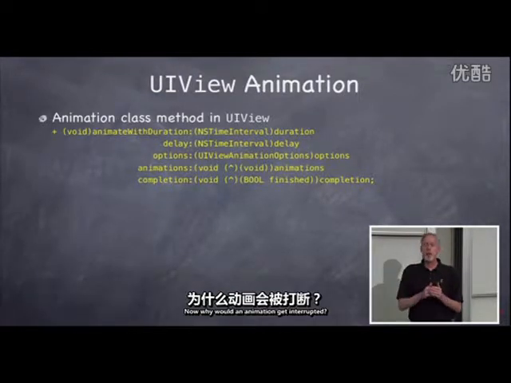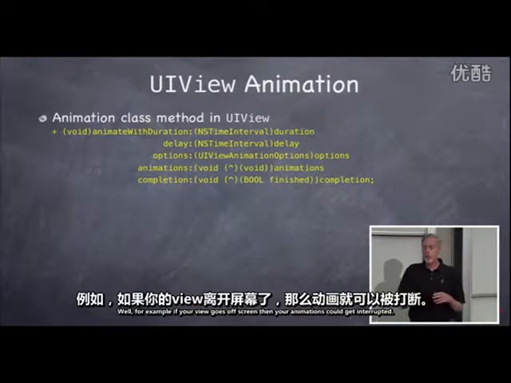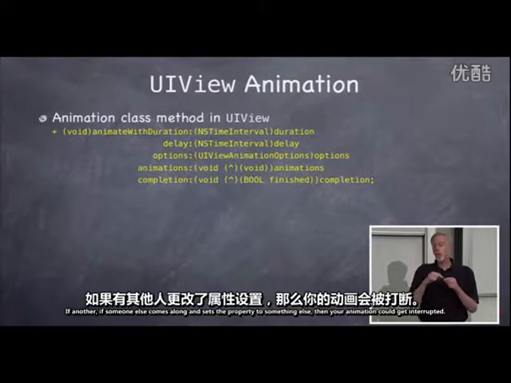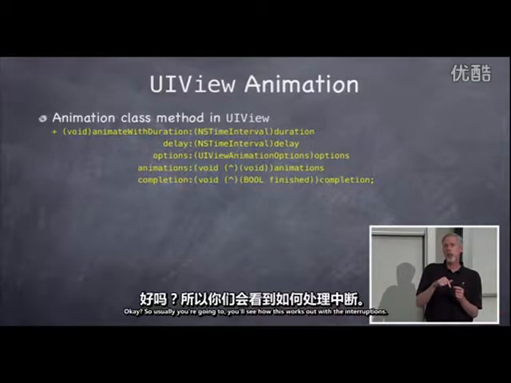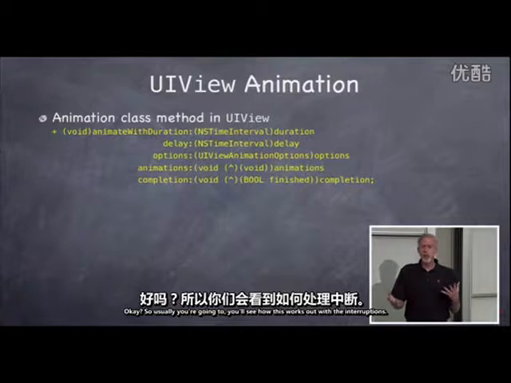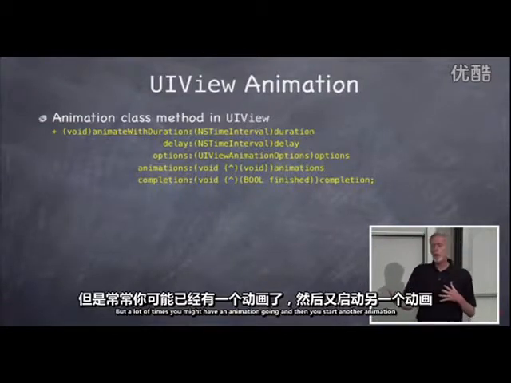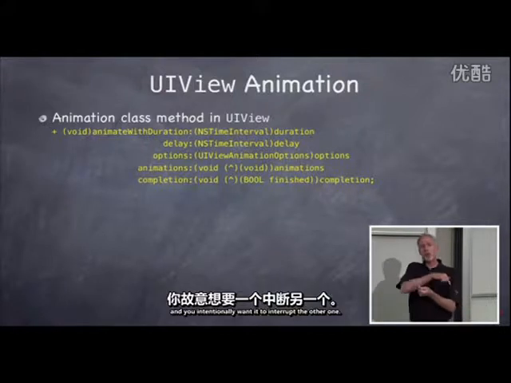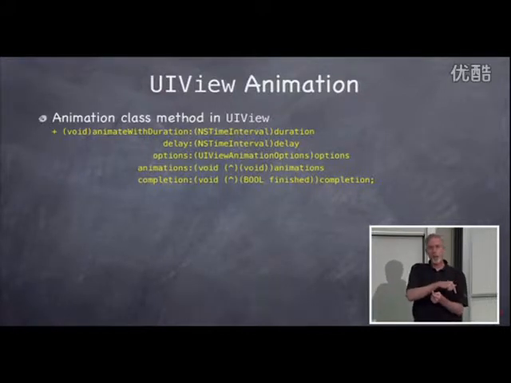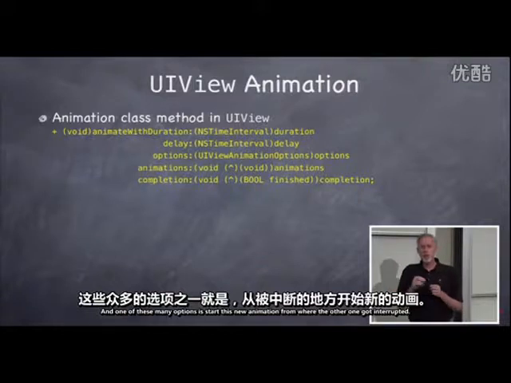Now, why would an animation get interrupted? Well, for example, if your view goes off screen, then your animations could get interrupted. If someone else comes along and sets the property to something else, then your animation could get interrupted. Okay? So usually you'll see how this works out with the interruptions, but a lot of times you might have an animation going and then you start another animation and you intentionally want it to interrupt the other one, and one of these many options is start this new animation from where the other one got interrupted.